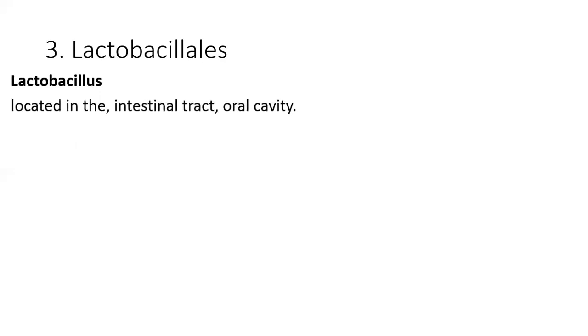So this was all about Bacillus, in which we discussed genus Bacillus and the genus Staphylococcus. Then we will discuss Lactobacillus, which is also a very common and commercially, or industrially, important order. One of the prominent genera in this is Lactobacillus, which is commonly present in your body.